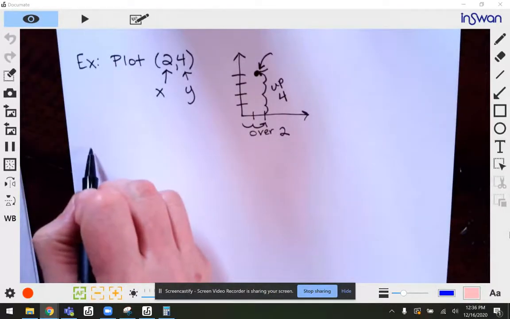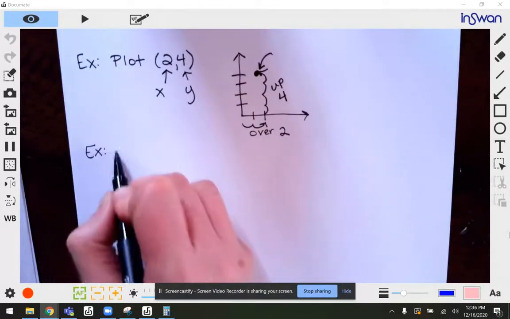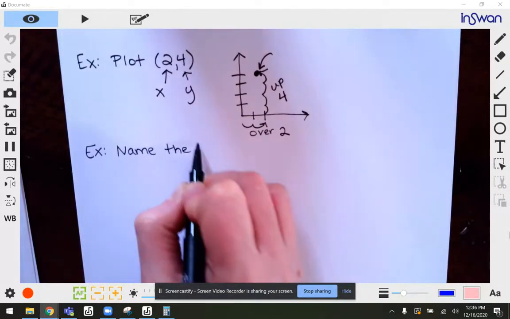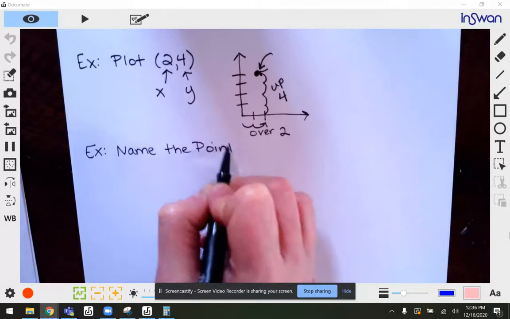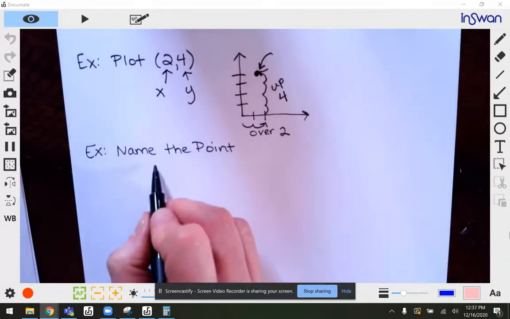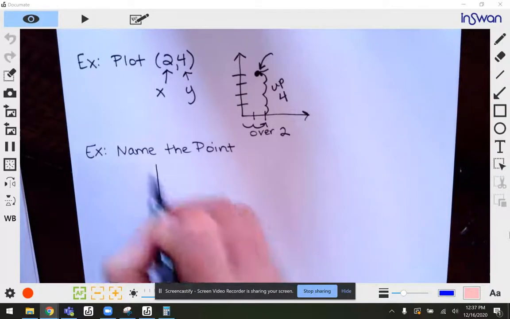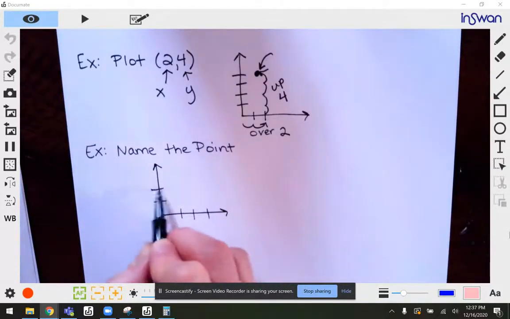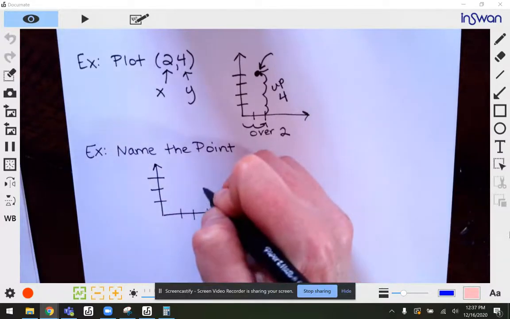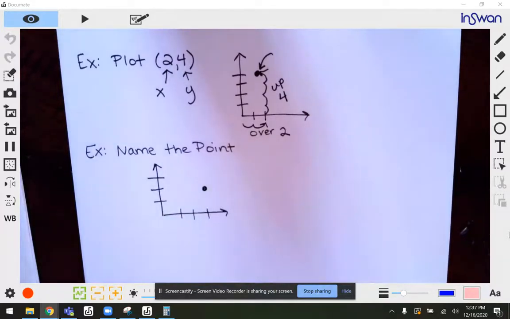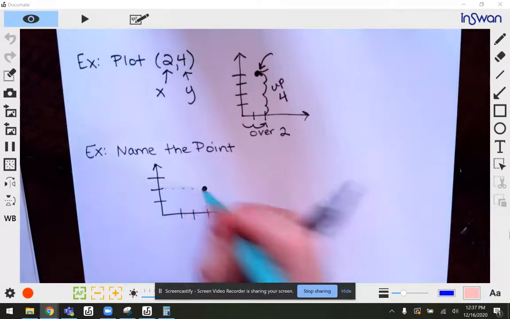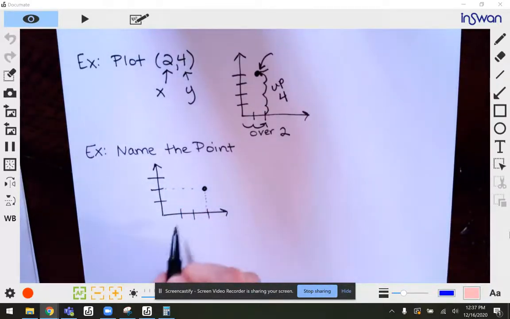Okay, let's do another example. Say you were asked to name a point that you see on a graph. So name the point, and you were given this graph. You've got 1, 2, 3 here, and say your dot was right here. And so we're looking at a dot that lines up with this spot and this spot, and your tick marks are labeled just in ones.